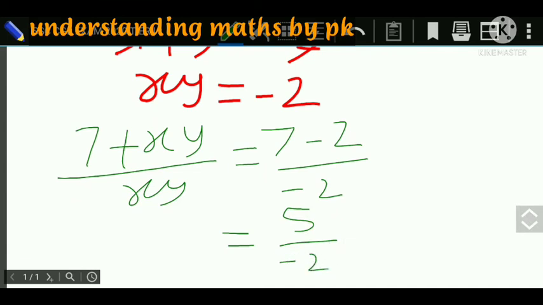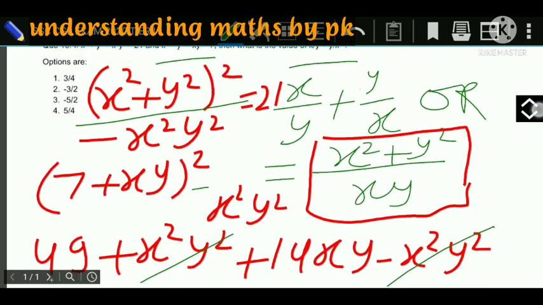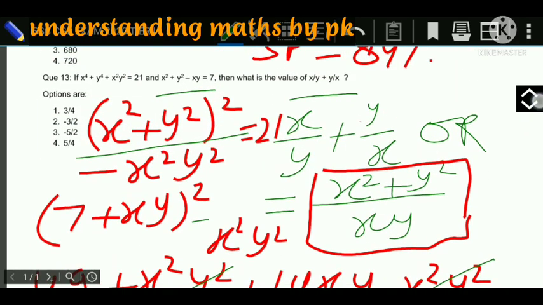So on multiplying by the minus on top and bottom side, this will be equal to minus 5 by 2, and this is the answer. We can check this given in the option or not. Minus 5/2 is given, so the option number 3 is correct. That way we can solve this question.